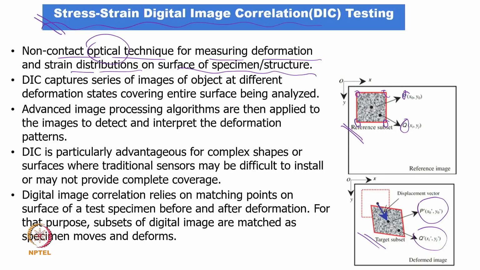Now, in digital image correlation, the DIC, it basically captures a series of images. It is not one image or two images; it can be many images, capturing the different deformation states covering the entire surface. Like the thermographic images, the whole surface gets captured easily, and that is very good.